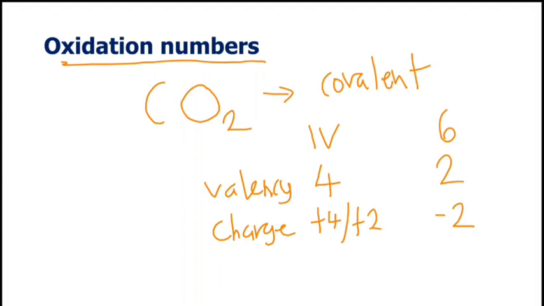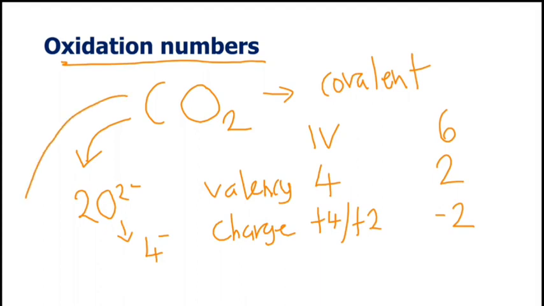Okay. Now, since there are two oxygens here, we assume that these two oxygens are 2 O2-. So this means there's a total of 4 negatives.